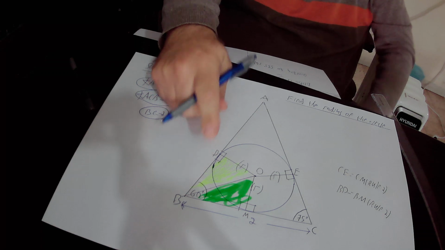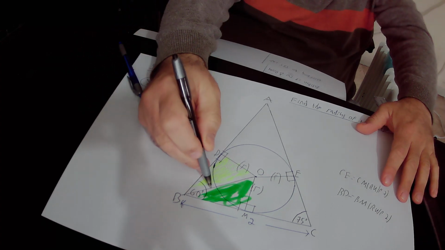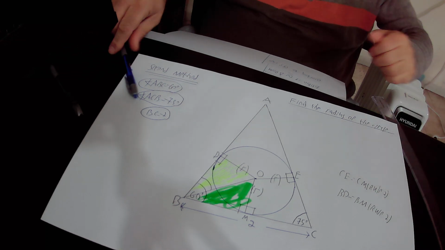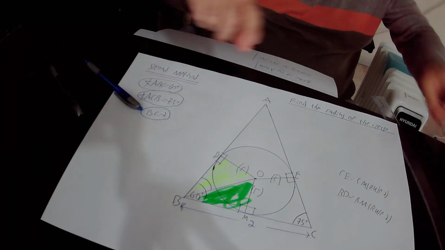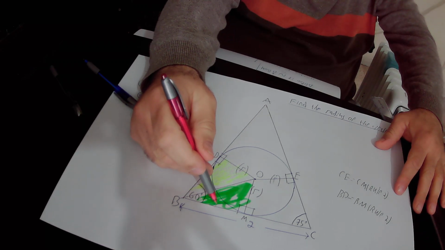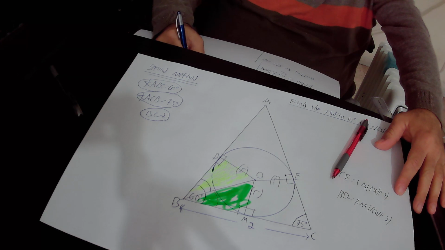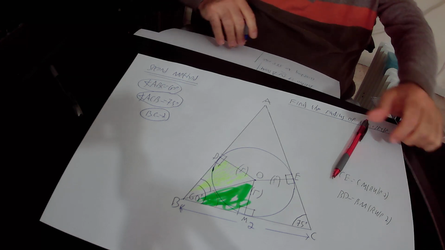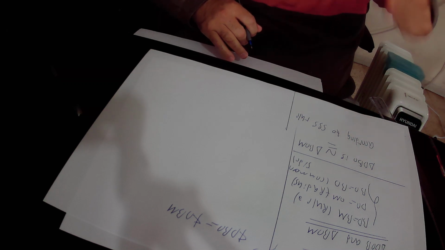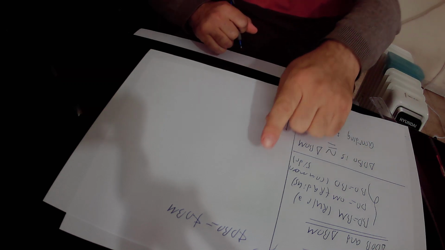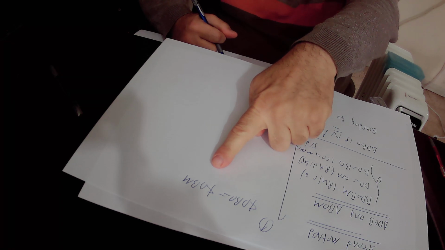So this is angle DBO in the yellow triangle, and it equals this angle, angle OBM in the green triangle.